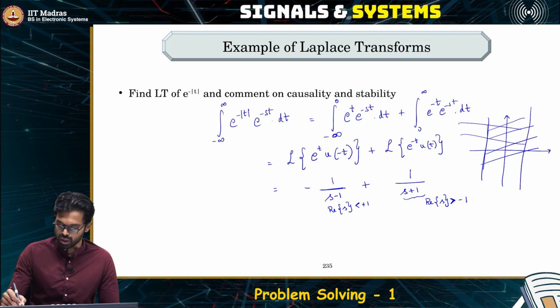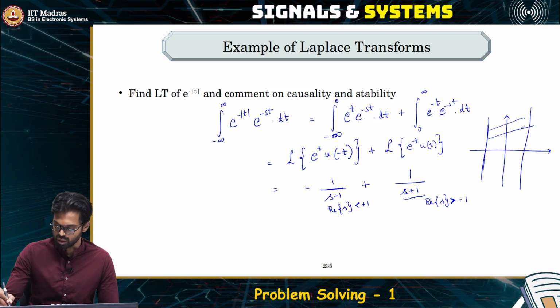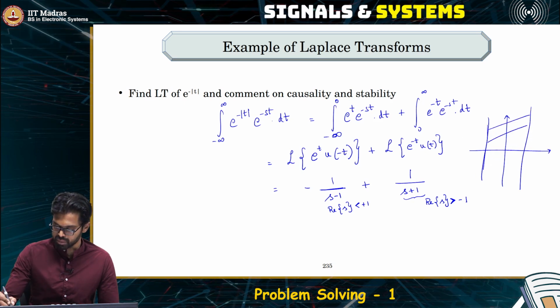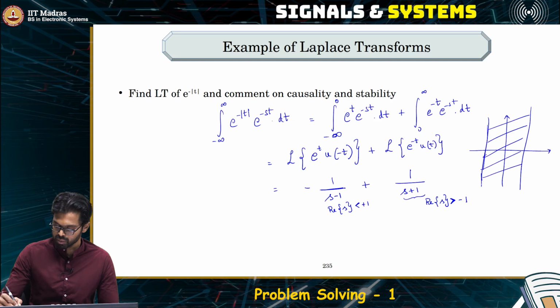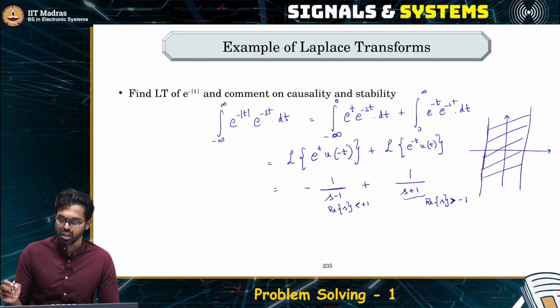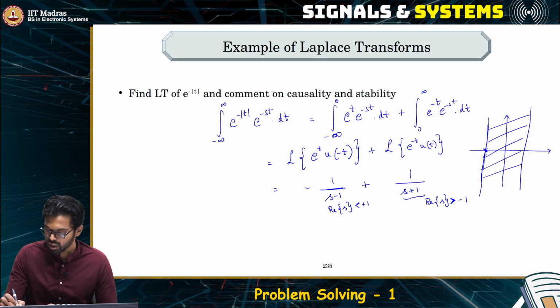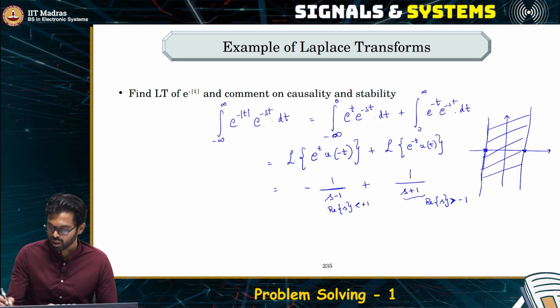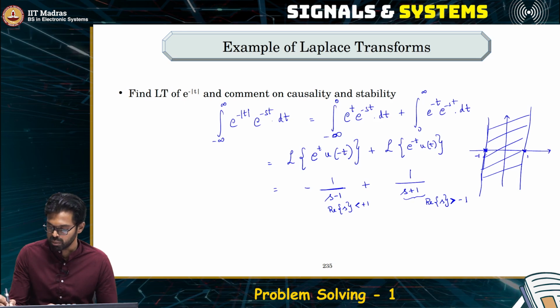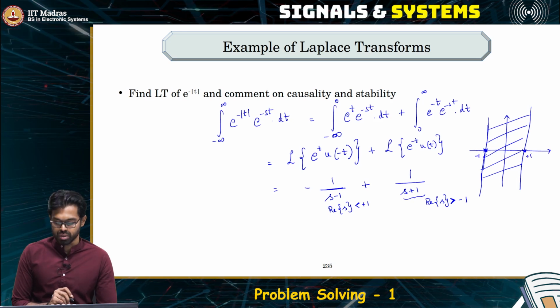So, our final ROC is an intersection of these two regions, which is a strip, and that exists between -1 to +1. And what are the poles? The poles are precisely the borders, which are -1 and +1. So, these are our poles.